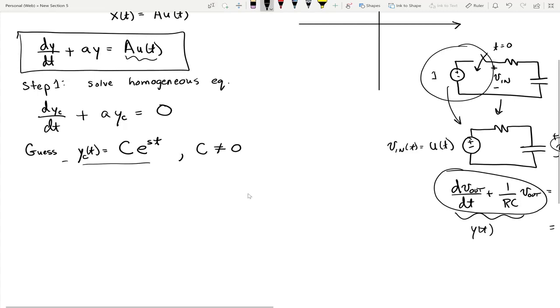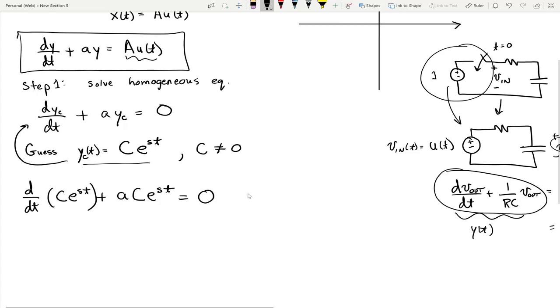So I plug that into this equation, and I get d by dt of c e to the st, plus a times c e to the st, equal to 0.